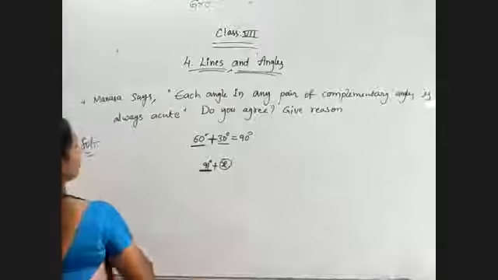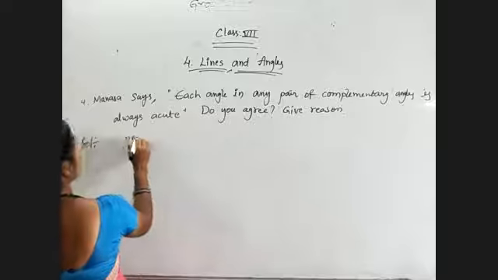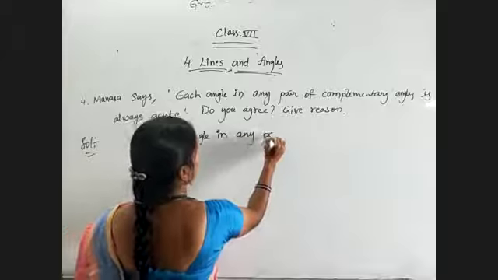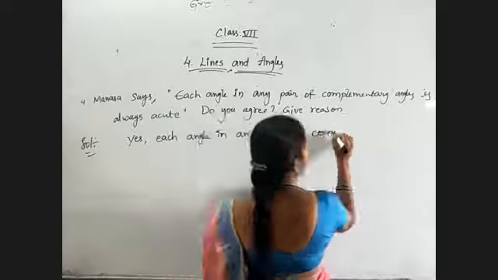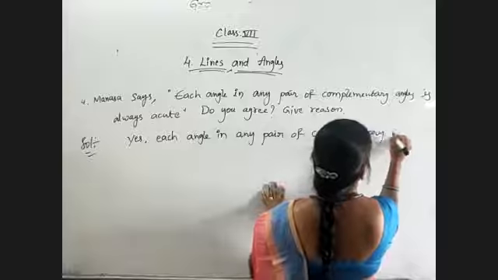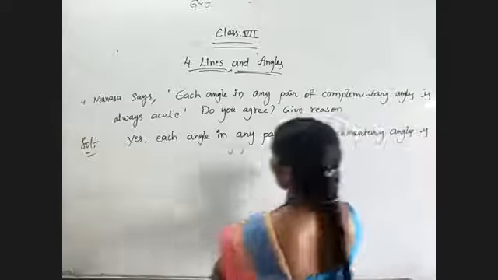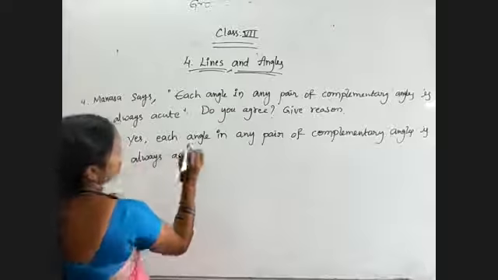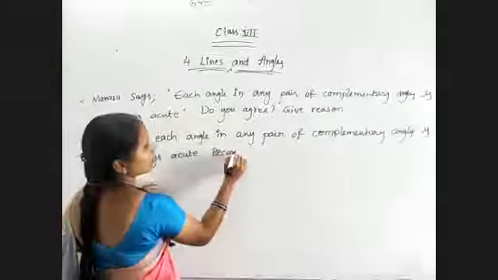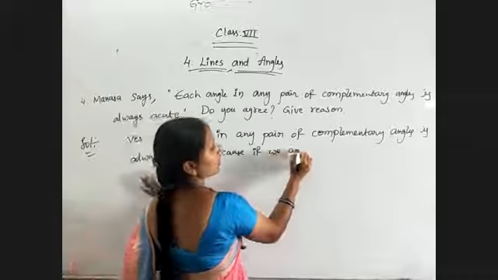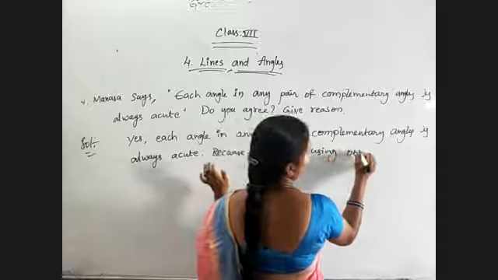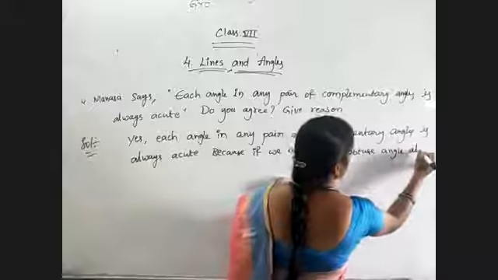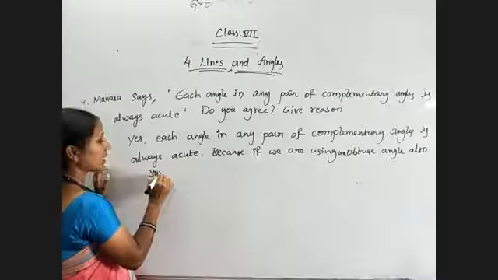Okay. So each angle in any pair of complementary angles is always an acute angle, because if we use even one obtuse angle, the sum exceeds 90 degrees.